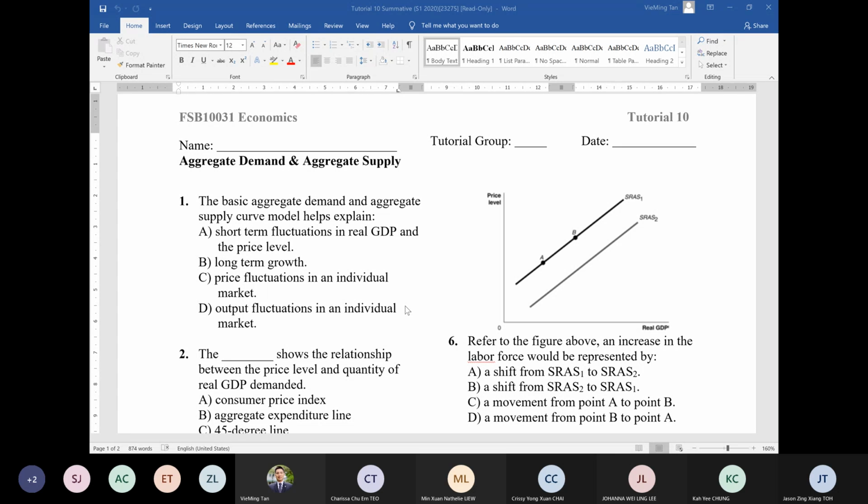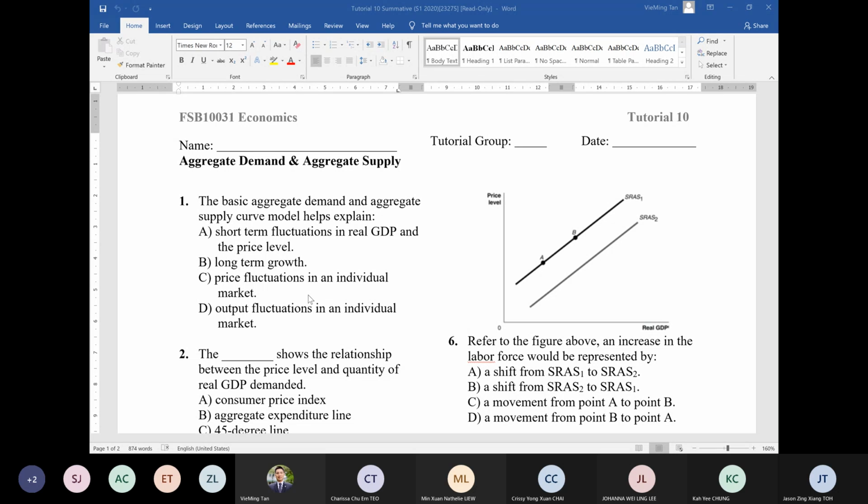Johanna? D. No. You know why? Because aggregate demand and supply refer to the overall economy. It's not only one market. It's not an individual market, but it refers to the whole economy. So if that's the case, C and D are not correct.